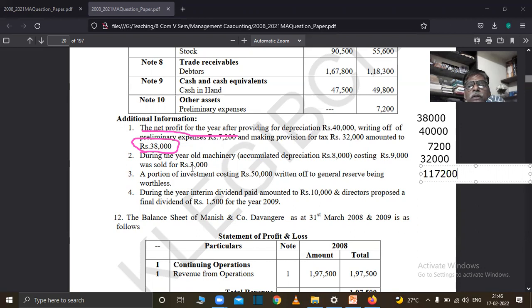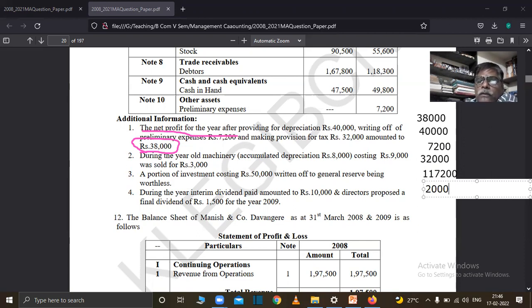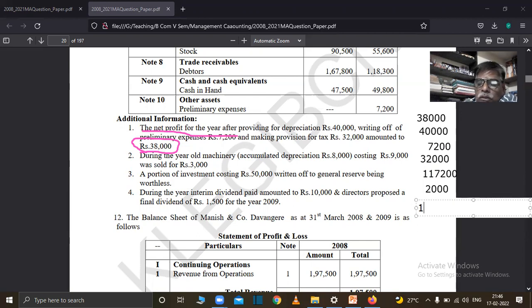So there is a profit of 2,000. That 2,000 profit you have to deduct. If you deduct 2,000 profit, then your fund from operation is 1,15,200.